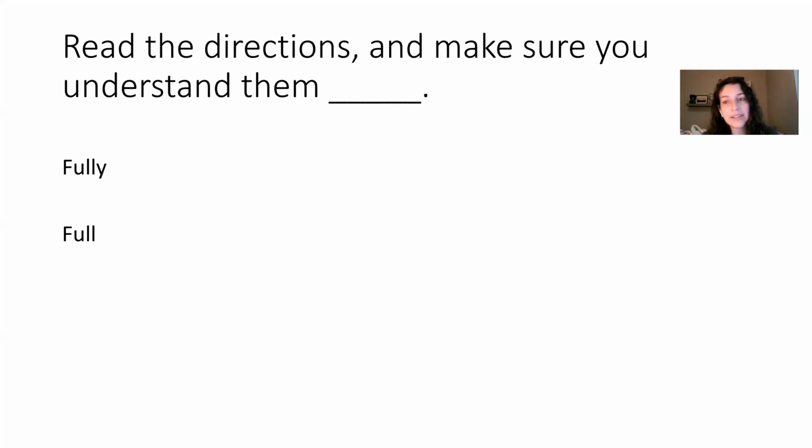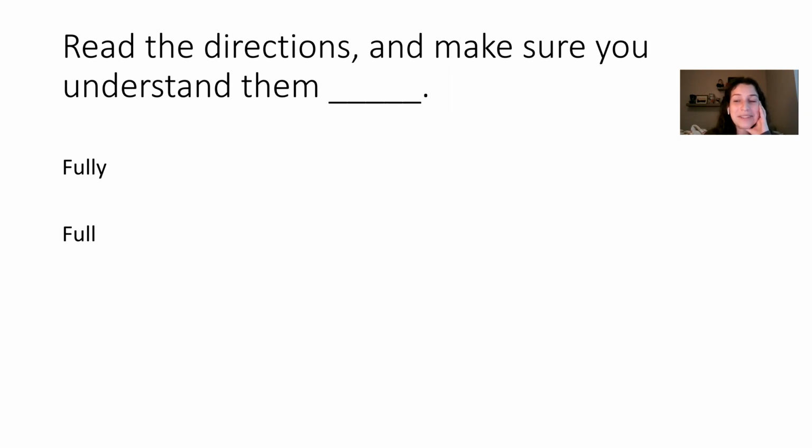All right, for our next example, we have read the directions and make sure you understand them blank. So we have to decide between make sure you understand them fully or make sure you understand them full. So this one's a little trickier because the description does not precede a word. However, it's still modifying a word.